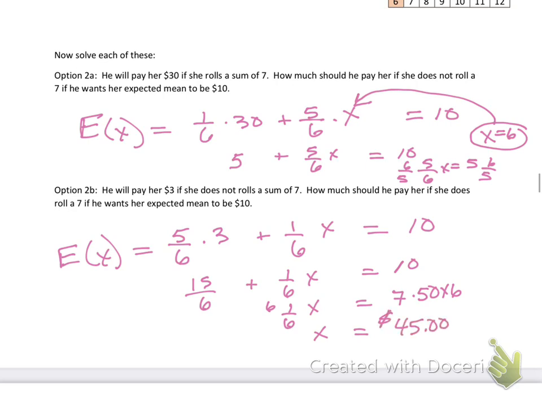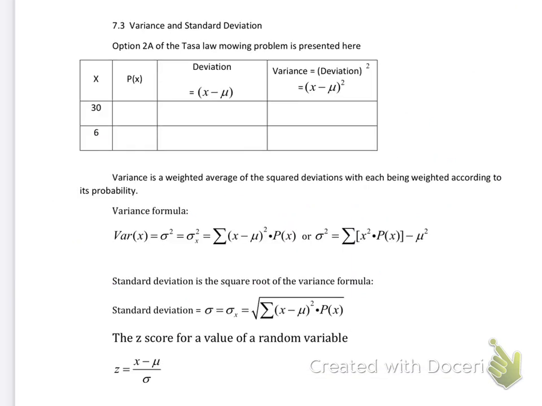So she's going to get $45, that 1/6 of the time, when she does roll a sum of 7. These are 2 modifications of option 2. He wants her to have that expected value, so he has to figure out a different payment scheme for each of these 2 options. Okay, let's go on to the next page and we'll do more of this analysis.